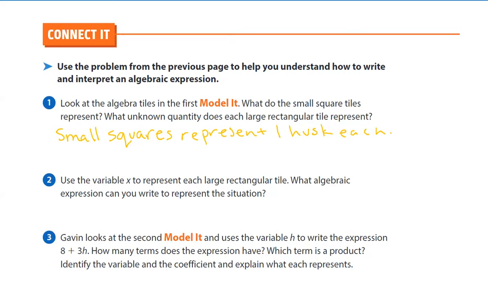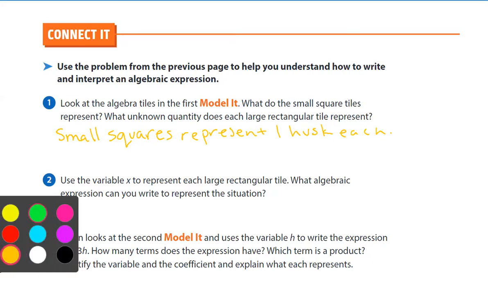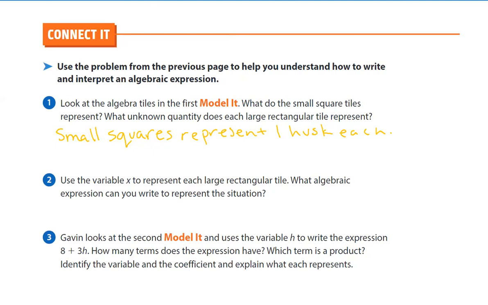What unknown quantity does each large rectangle represent? So each large rectangle represents the bags with the unknown amount.